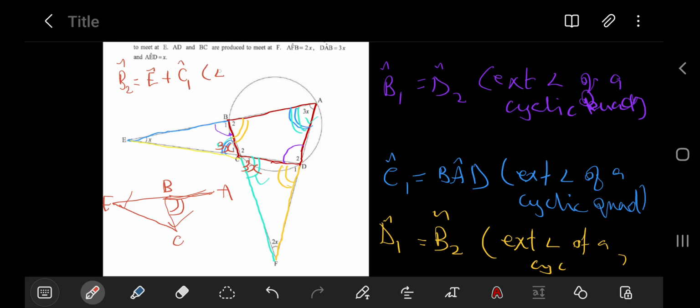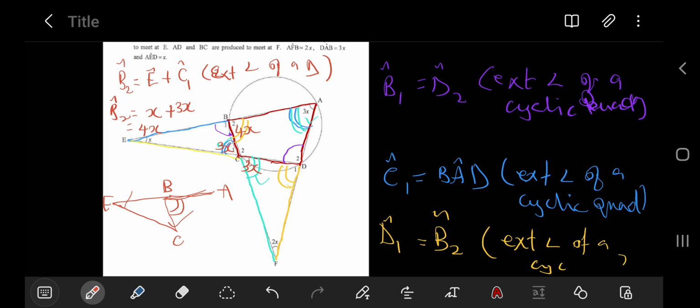Reason being exterior angle of a triangle, right? And you can see that angle E is x, which is given, right? And also C1, we have concluded that C1 is 3x. So it means B2 is equal to 4x, right? So you can see that that is 4x.